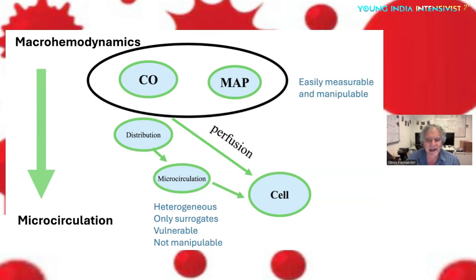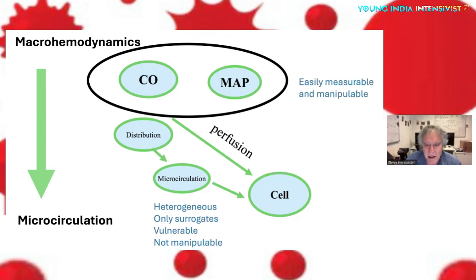You can easily assess cardiac output now with less and less invasive devices, and echo, and MAP, of course, with an arterial line and even non-invasively. You can manipulate this with fluids, vasoactive drugs, etc., just to push flow to the destiny, which is the cells around the economy, the mitochondria everywhere, etc.